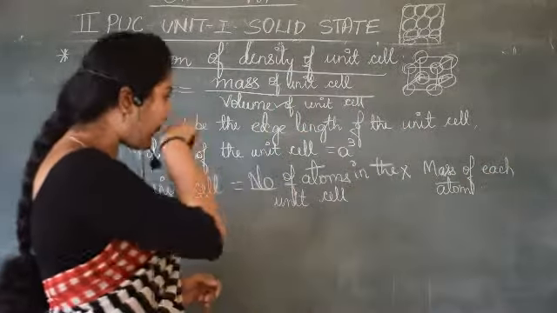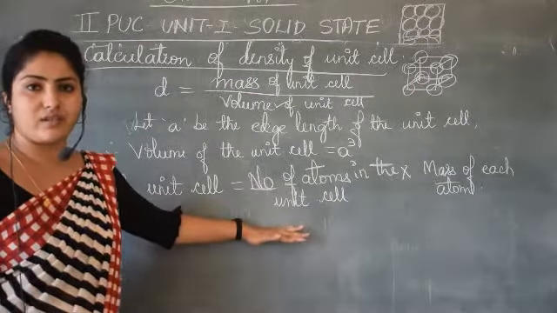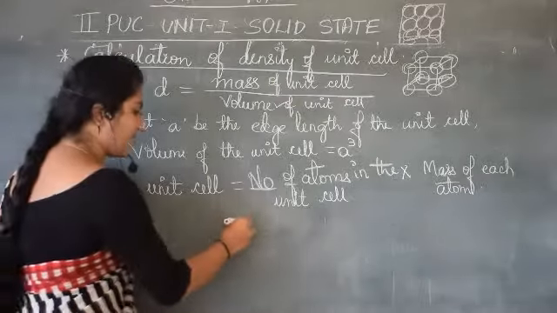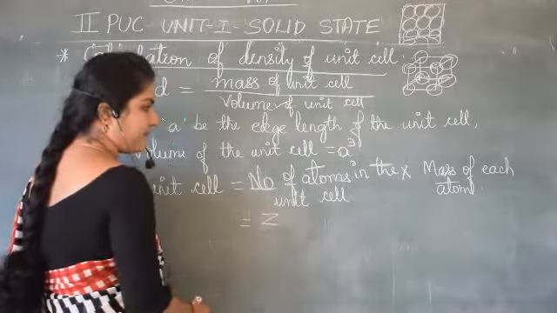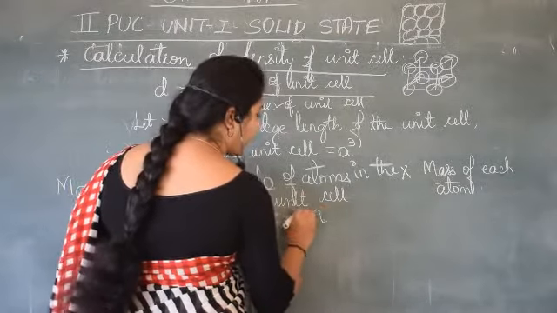Here, remember this point, that number of atoms in the unit cell is denoted as Z, and mass of each atom as small letter m.